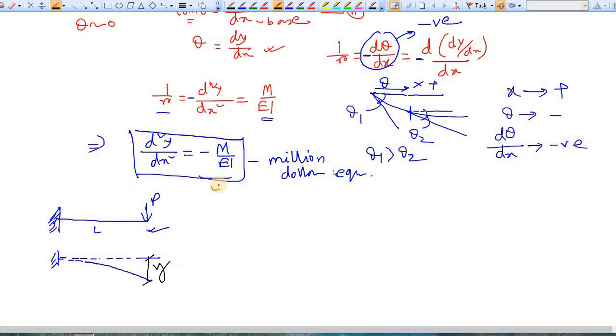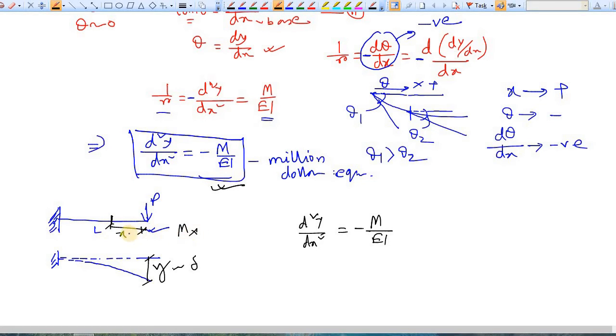You can use this equation easily to find this y or delta, whatever. How? Well, we know d2y/dx2 is equal to minus M by EI. Now what is M? At any distance, let's say at a distance of x from the free end, we are considering moment.